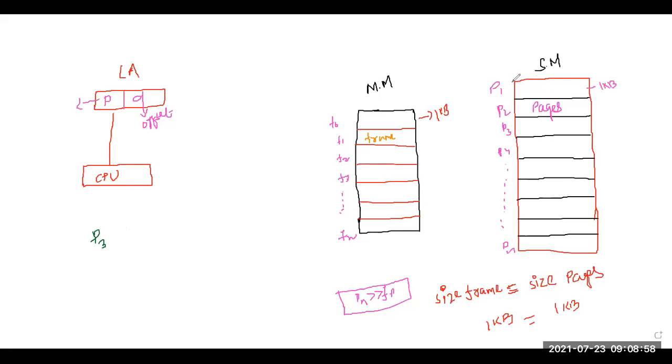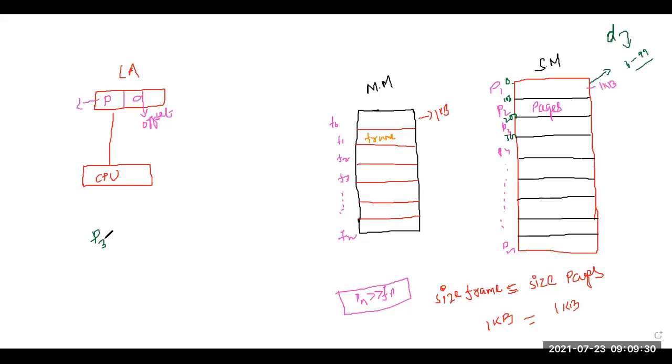Suppose this is my base address 0, this is base address 100, this is base address 200, this is 300. What is the limit here? The limit is 100, that is 0 to 99. Now D, your offset address, will be in between 0 to 99.